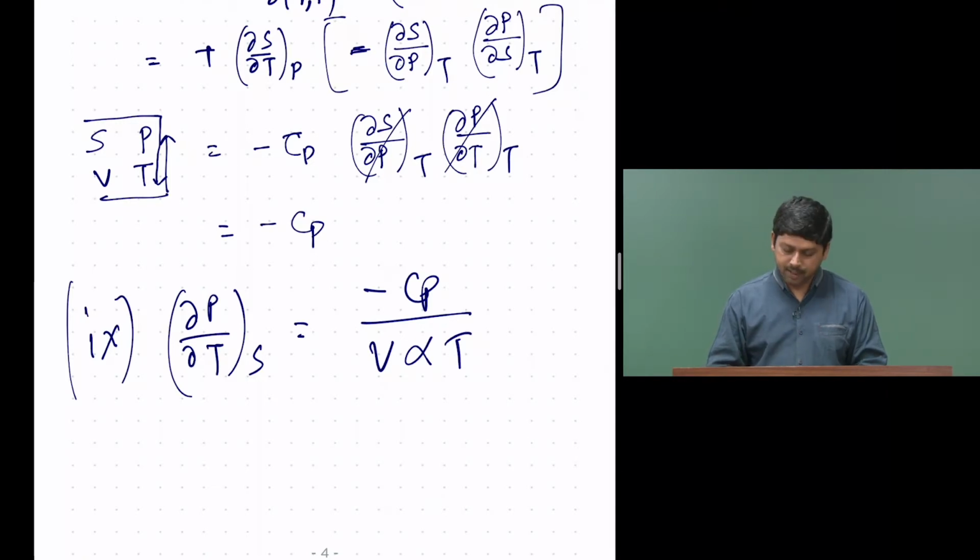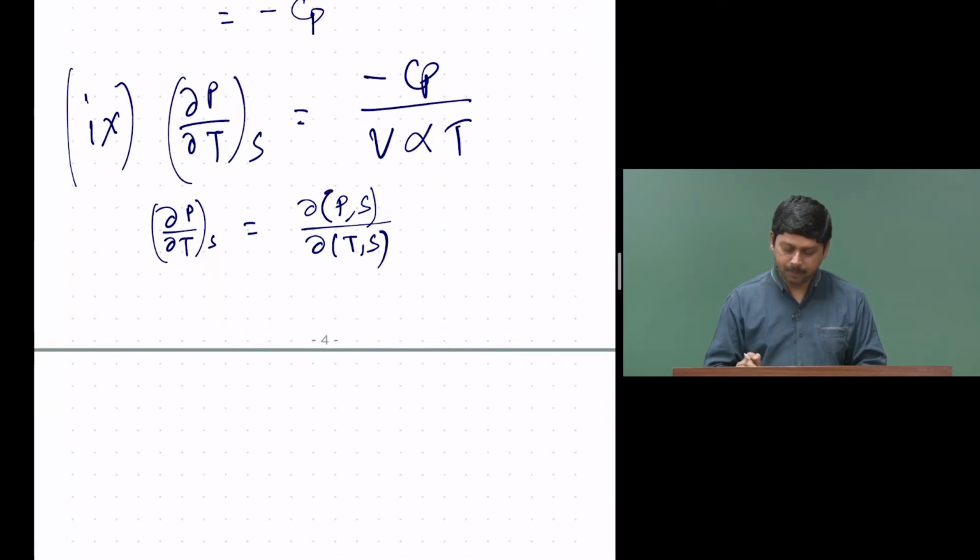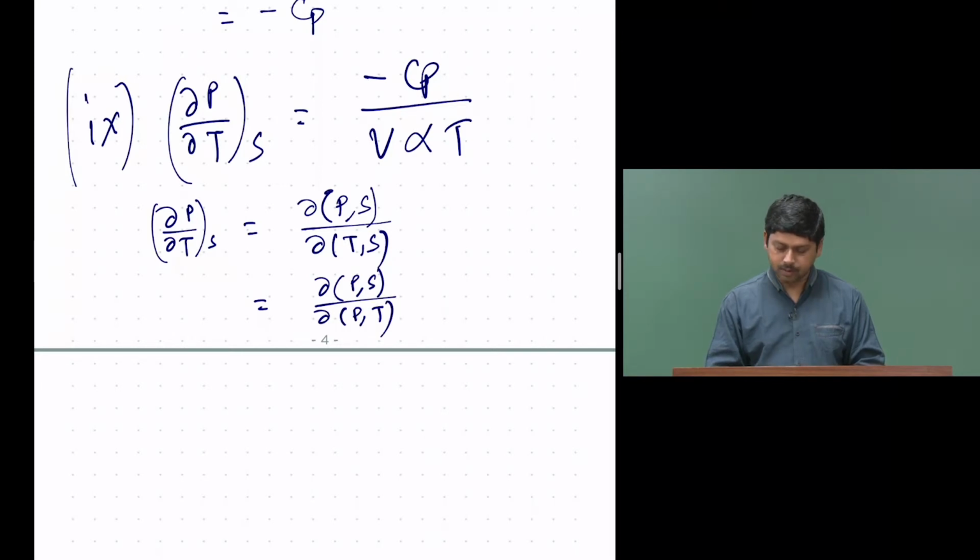Okay. So, we will start with that, and again we are going to use Jacobian. So, del P by del T at a constant S is del (P,S) by del (T,S). We need Cp, remember. So, that means we are going to write that as del (P,S) by del (P,T), and then you have to multiply with del (P,T) and del (T,S).